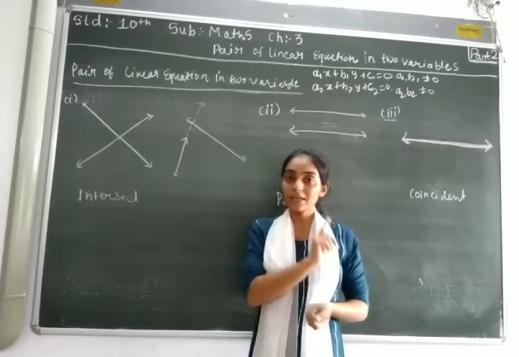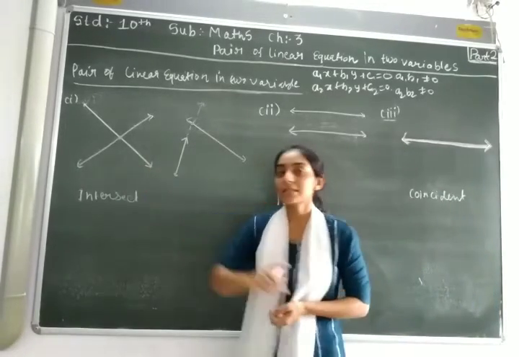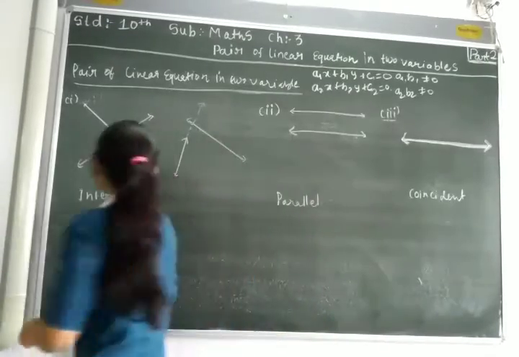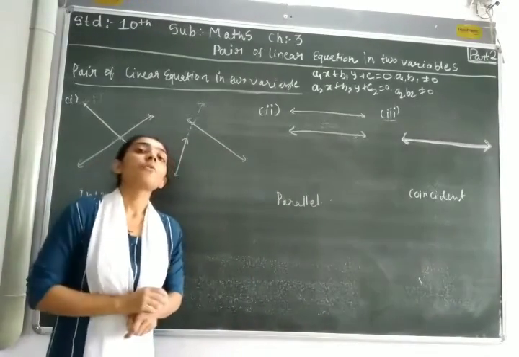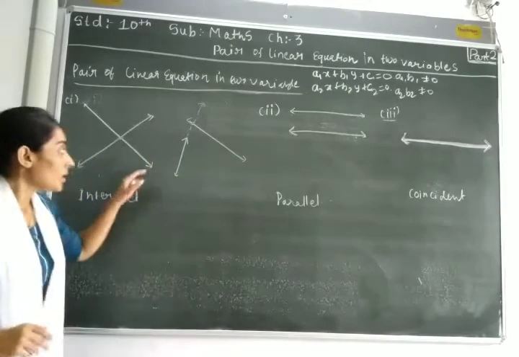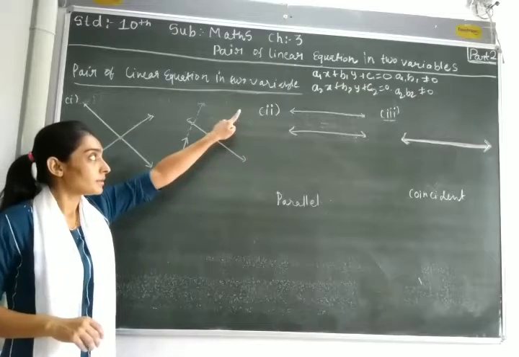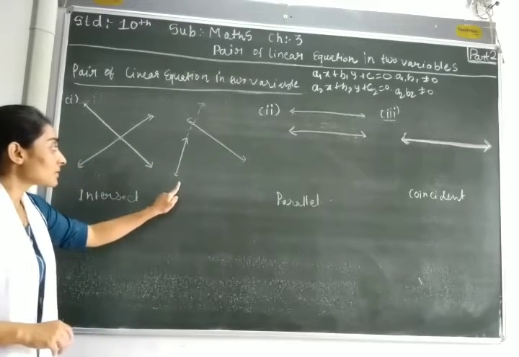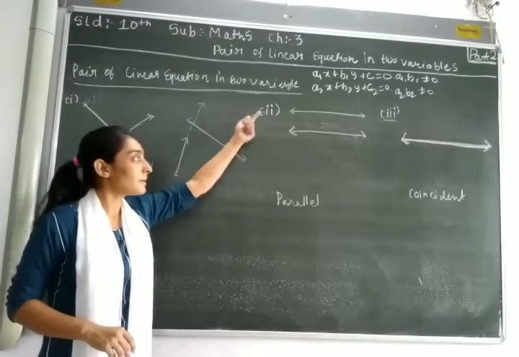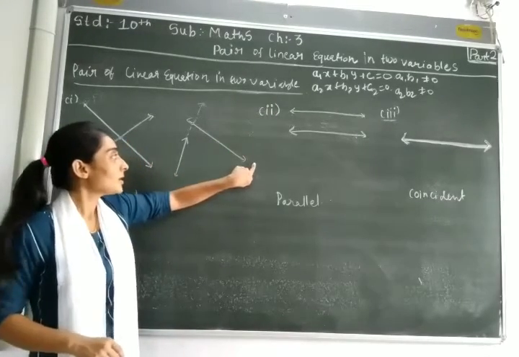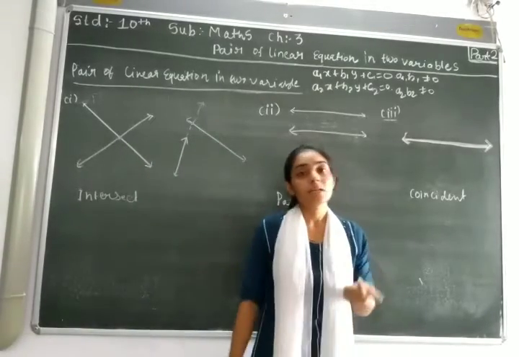When you draw a graph of the lines, you have to mention that this line is of some equation a1x plus b1y plus c1 equals 0, and this one is the equation a2x plus b2y plus c2 equals 0.